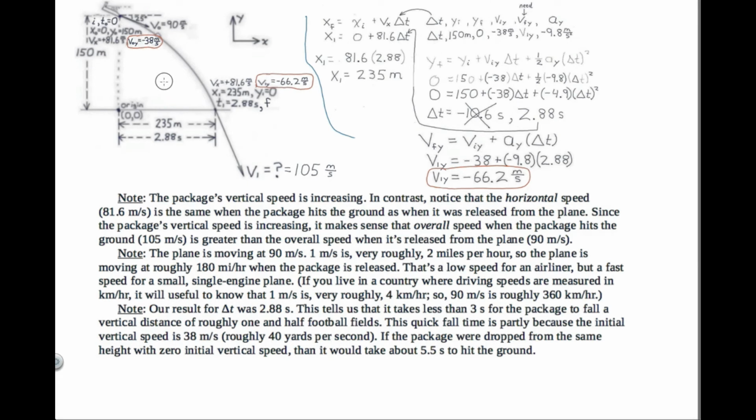The package experiences a downward pull from gravity. So, as the package falls from the plane, we expect that the package's vertical speed will increase. So yes, it does make sense that the package's vertical speed when it hits the ground will be greater than the package's vertical speed when it's released from the airplane.